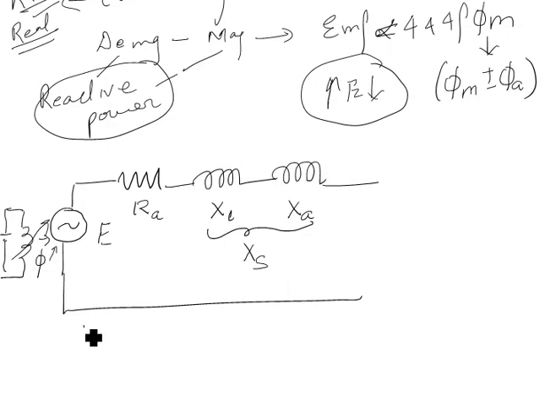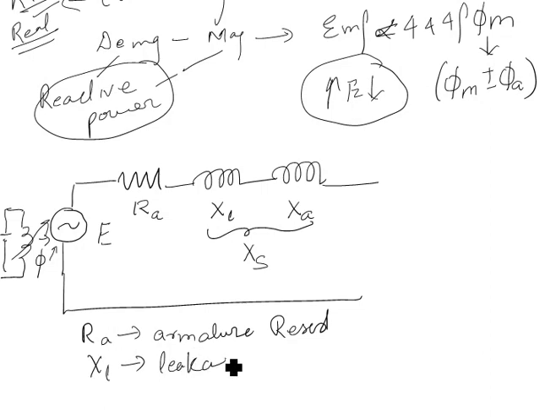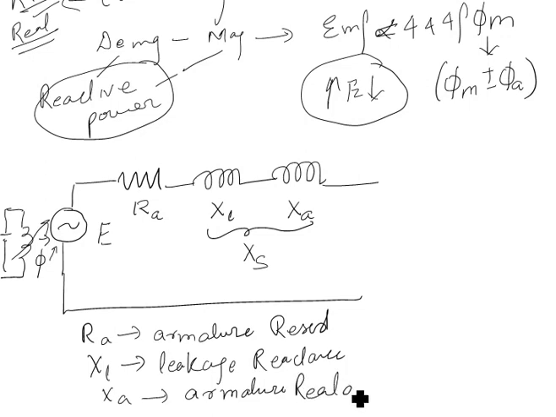RA is armature resistance, XL is leakage reactance, XA is armature reaction reactance, and XL plus XA is XS, called the synchronous reactance.